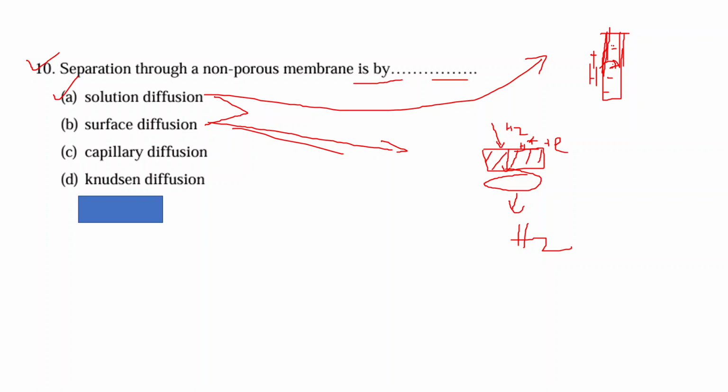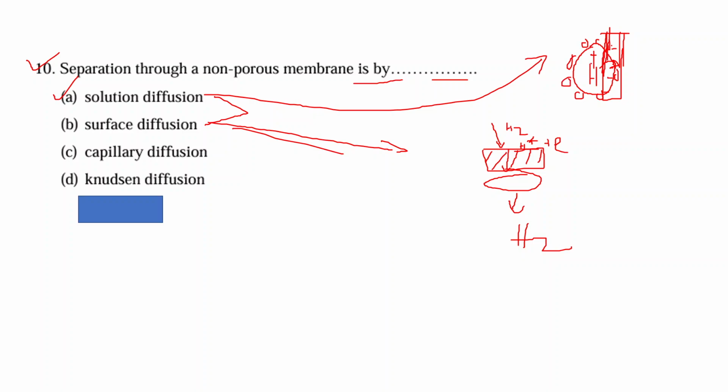This is also a very critical or difficult process, and the mechanism is not clearly understood till now. This H plus is surrounded by water molecules; this is the hydrated condition.